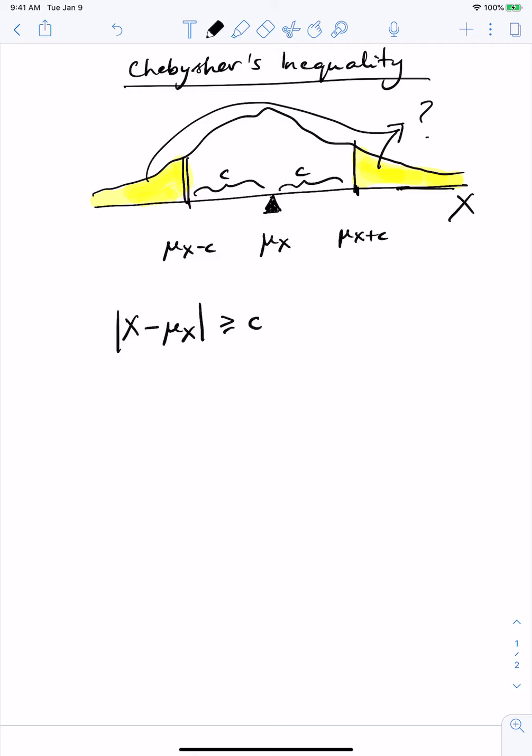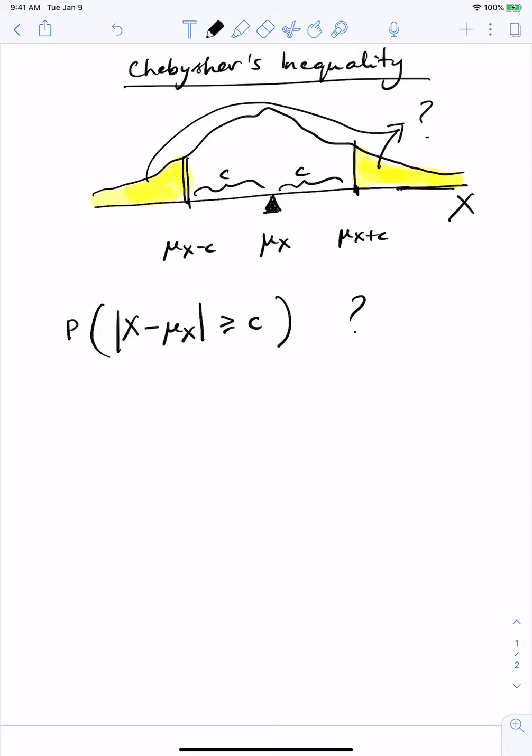That's the event that corresponds to that shaded region there. And so what we're looking for is what can we say about that probability. It's the total probability in the two tails. I'm making no assumptions about X being non-negative.